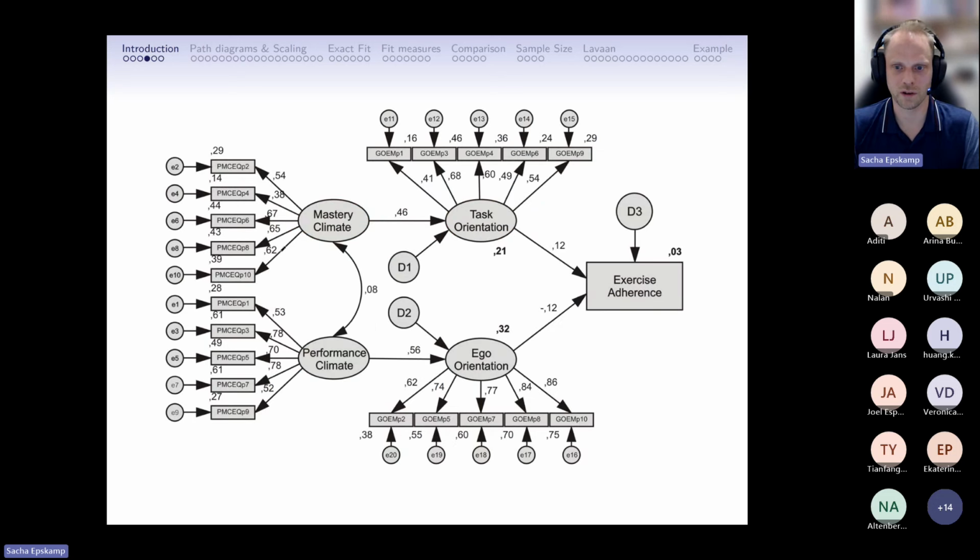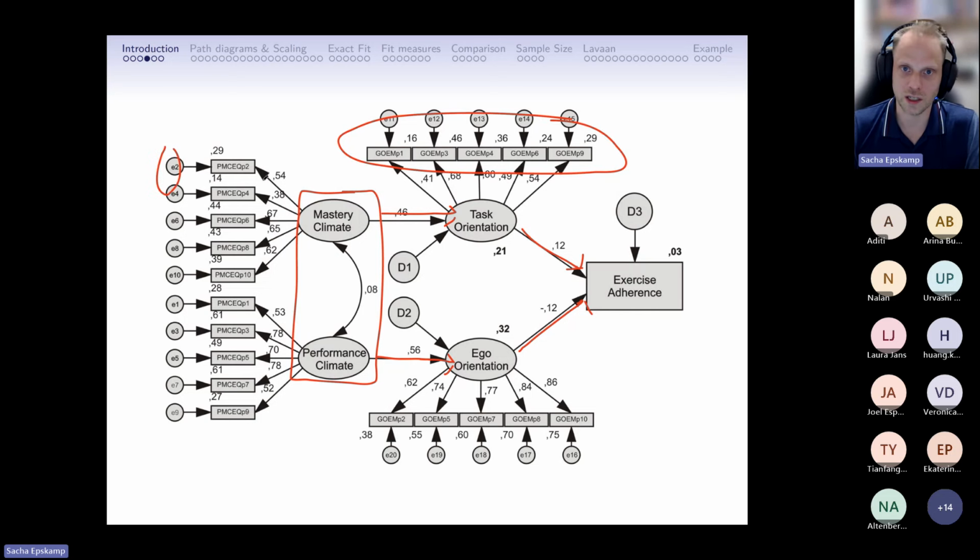So for example, here we have a very advanced model where we have two independent variables, or exogenous variables as we call them, and we see how these cause things like task orientation and ego orientation, and that eventually causes something we observe, exercise adherence, and all these things are indicated with multiple indicators. There's measurement error, that's what this thing says. So it's a very advanced model, but it's something we can test in structural equation modeling.